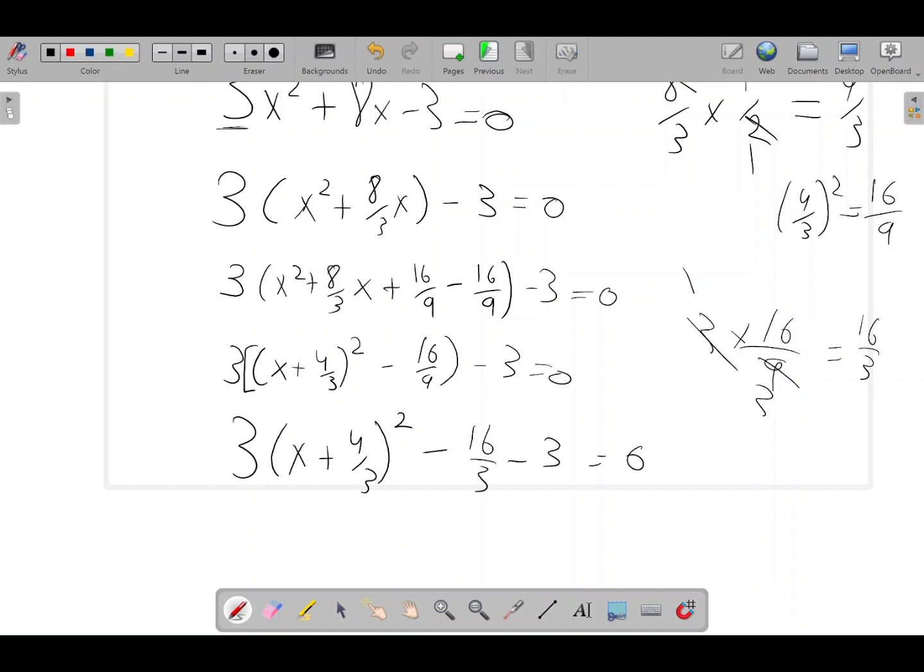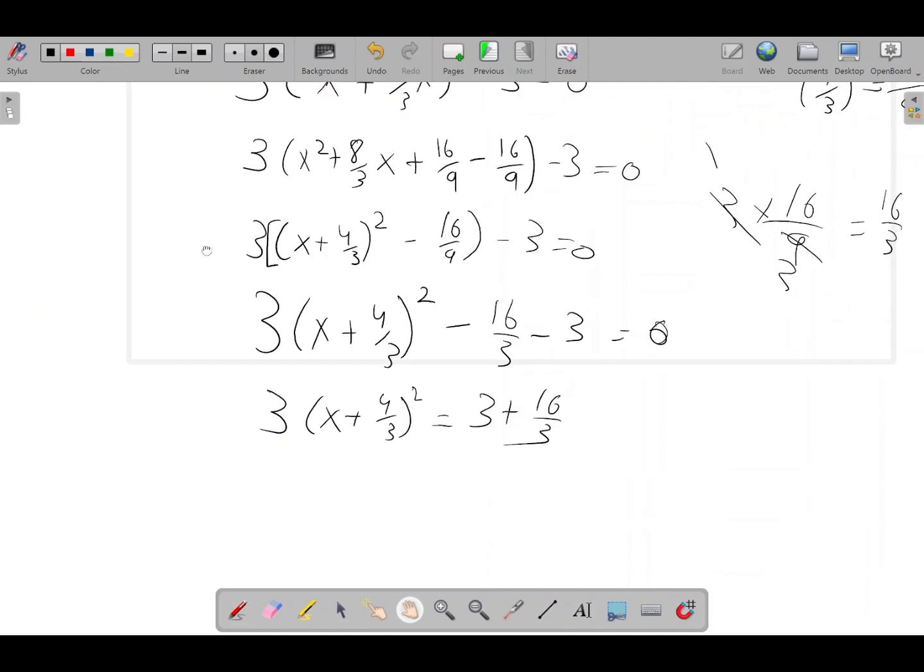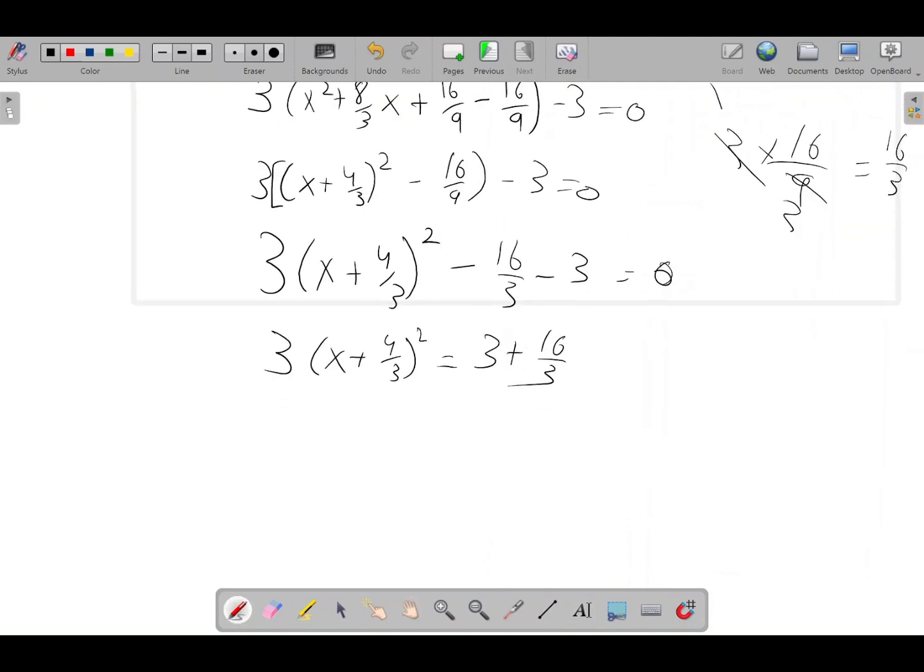So what we're going to do is take both to the other side. So 3(x + 4/3) squared equals 3 plus 16/3. I just took the constants outside to the other side. Let's simplify this. This is going to be 9/3 plus 16/3. This is going to equal 25/3.